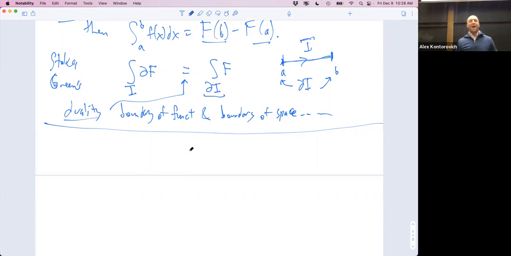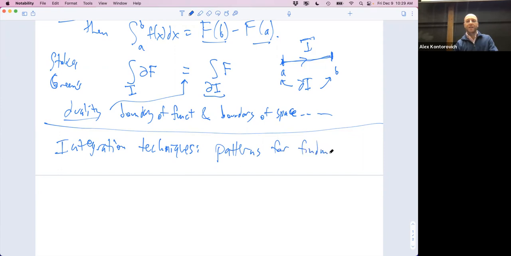Okay, so once we know the fundamental theorem of calculus, our integration techniques come down to finding antiderivatives, recognizing patterns for finding antiderivatives. How do we find such things?